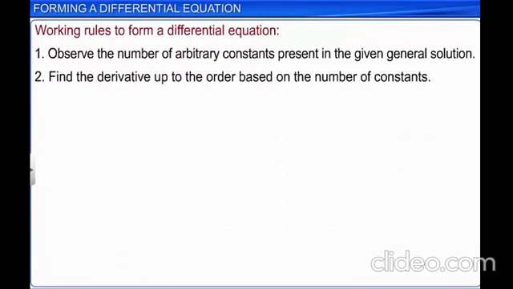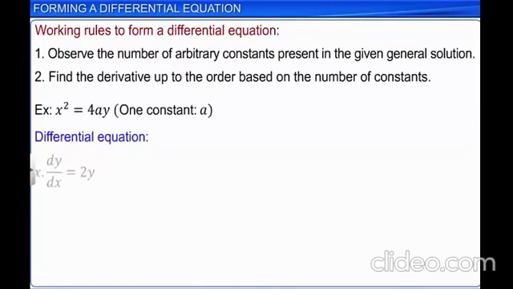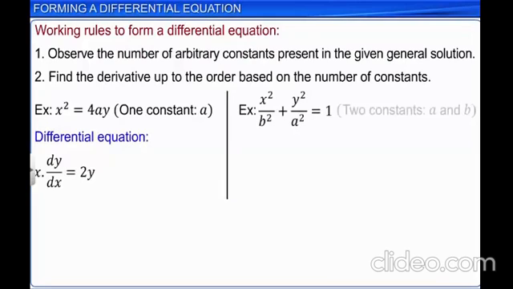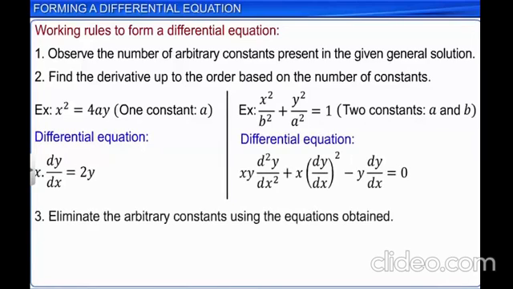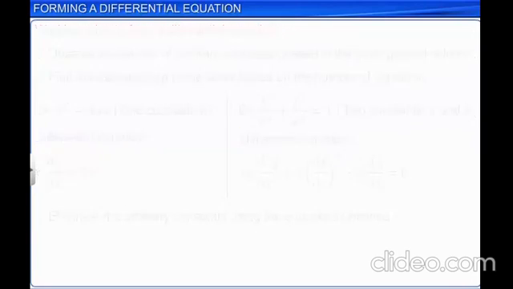For example, if the number of arbitrary constants in the general solution is 1, then differentiate the general solution once. Similarly, if the number of arbitrary constants is 2, then differentiate the general solution twice. Finally, eliminate the arbitrary constants using the equations obtained. An example is shown here.